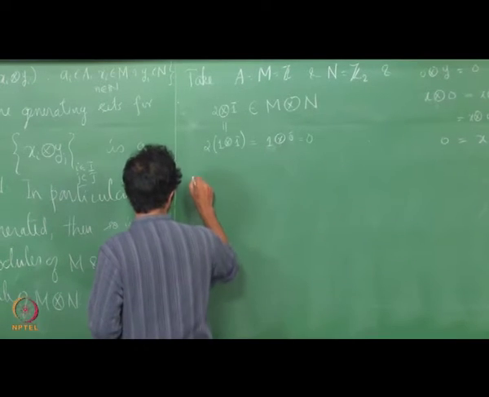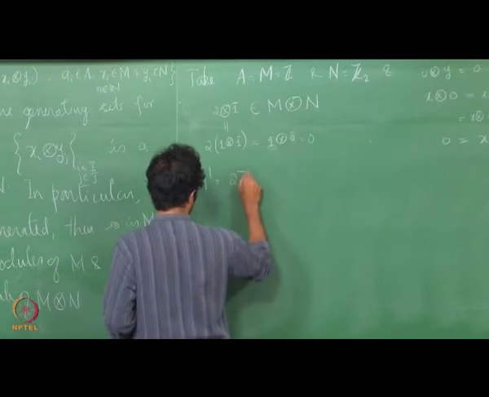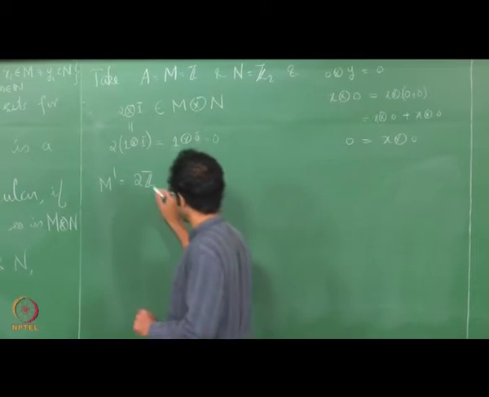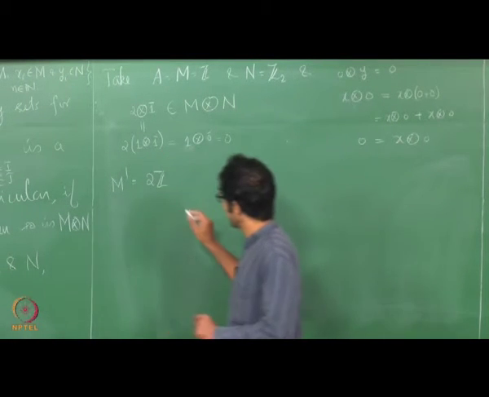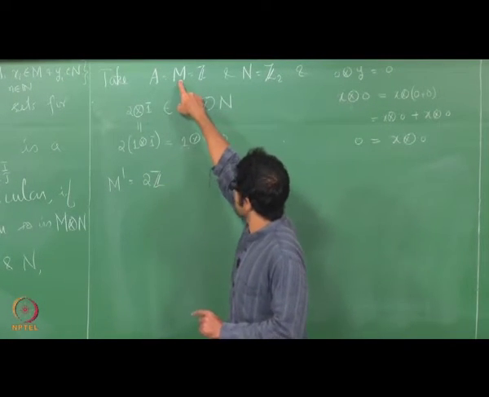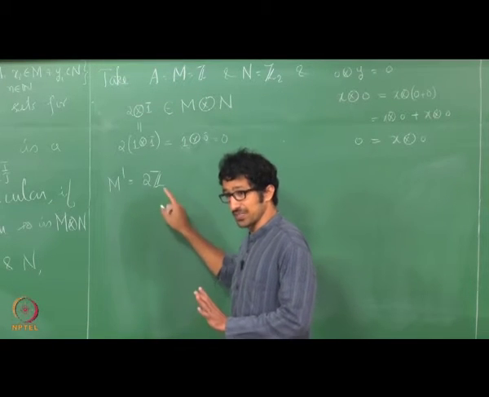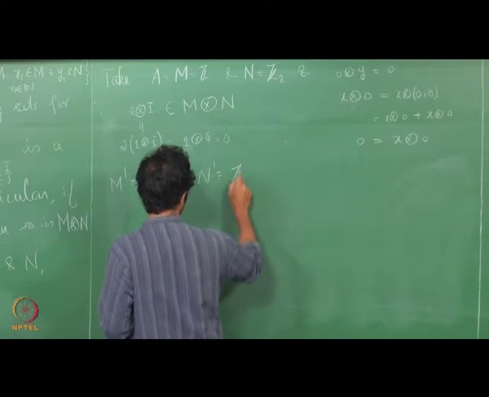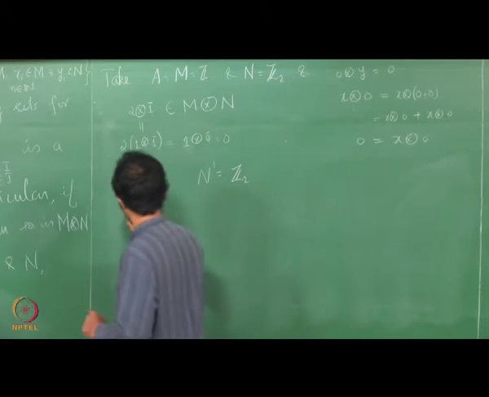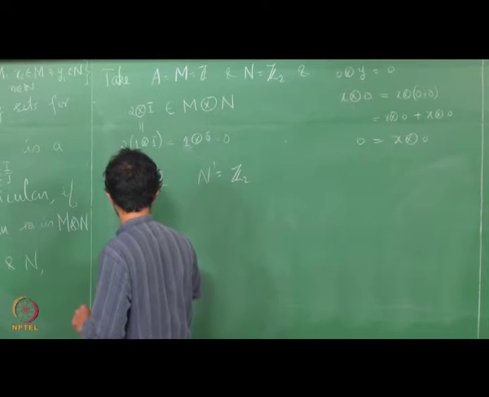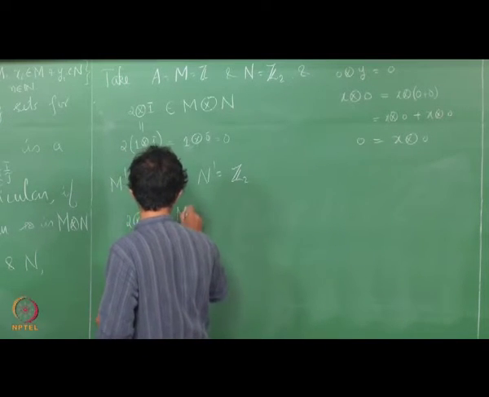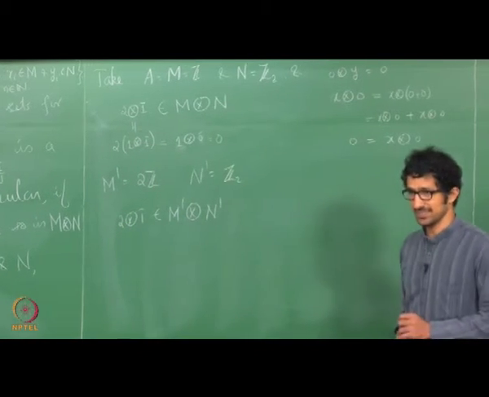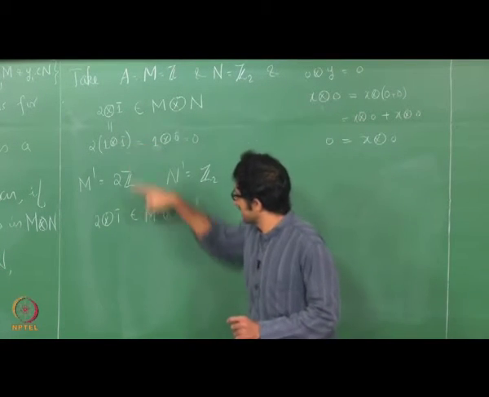Now I take the submodule M prime equal to 2Z of M, and N prime is the same as Z2 itself. Then this element is there in M prime tensor N prime, right. Can we do the same thing in M prime?